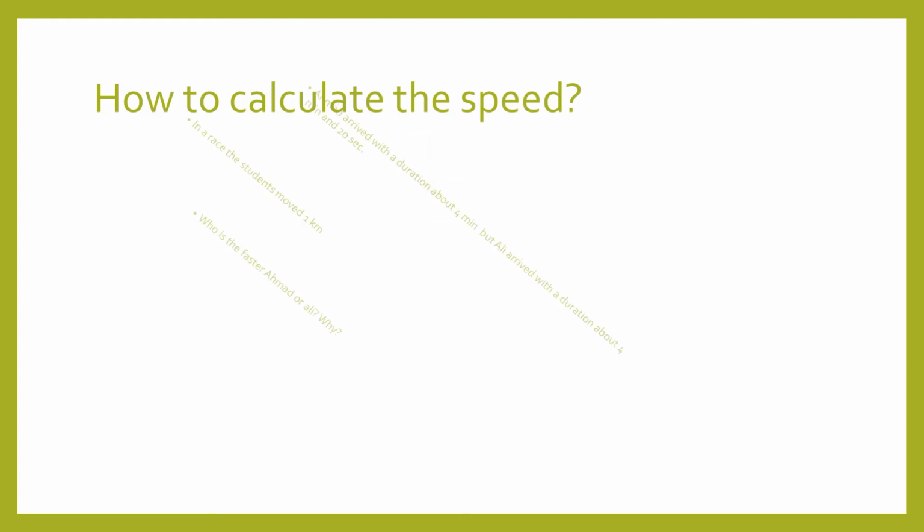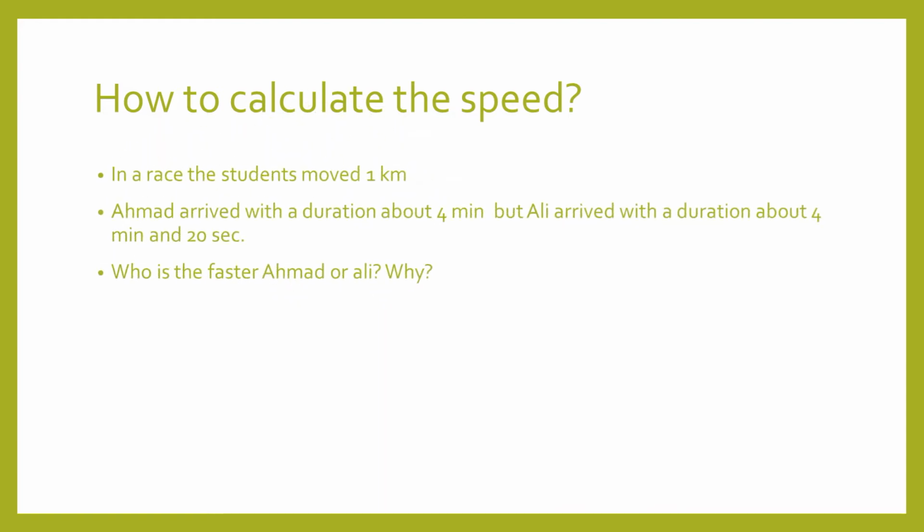So let's see. First example. In a race, the students move 1 kilometer. I fixed a distance of 1 kilometer. I said to Ahmad and Ali to start the race. Whoever arrives first is the winner, right?